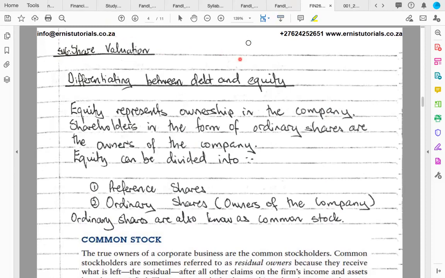Remember, a company can raise finance from two sources. They can raise finance from bonds and they can raise finance from shares, right? Bonds means that the company has a loan, they've borrowed money. Whereas when a company raises money through shares, shareholders effectively are the owners of the company.